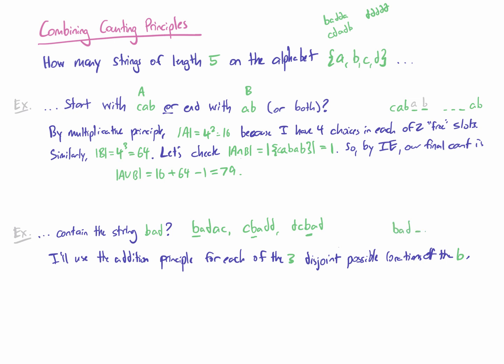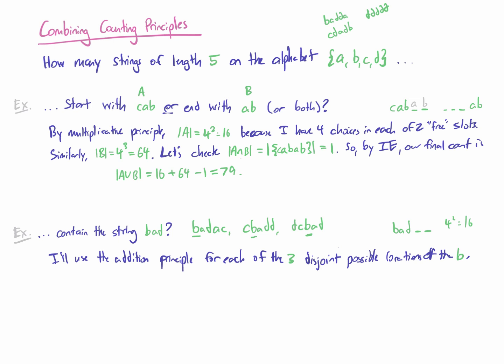That means my filling-in problem looks like this. I have 2 more free slots because the A and the D are determined. So I have 4 squared, or 16, possible choices if I decide to put the B at the beginning. This is also going to work no matter where else I put the B. No matter where I put the B, I'm going to put the A and the D right after, and I'm going to have 2 more slots to fill in.